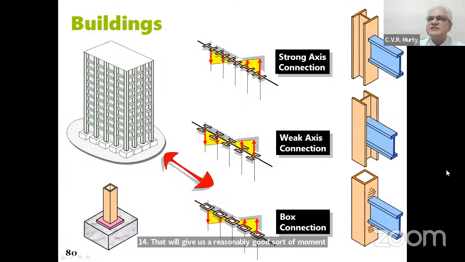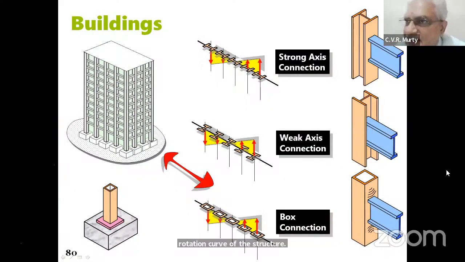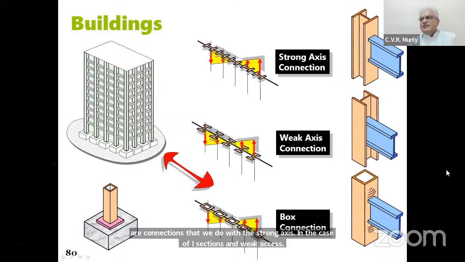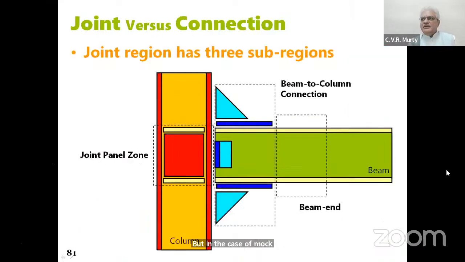The next aspect is connection. There are connections that we do with the strong axis in the case of I sections and weak axis. But in the case of box sections, these are generic connections in buildings. Now, just to clarify, connections are general words. But what is important is in steel structures, we define another quantity called joint panel zone.